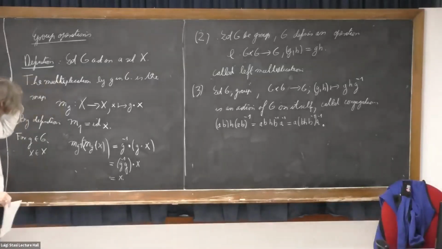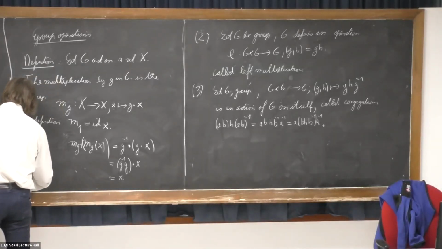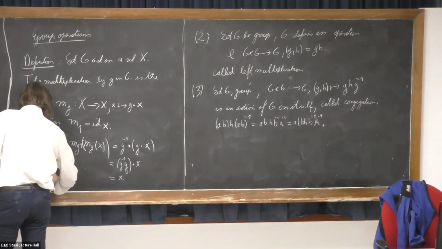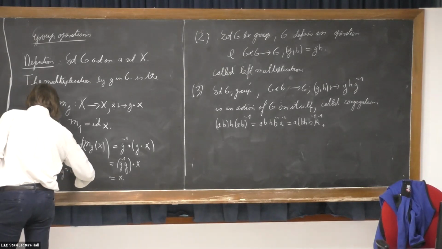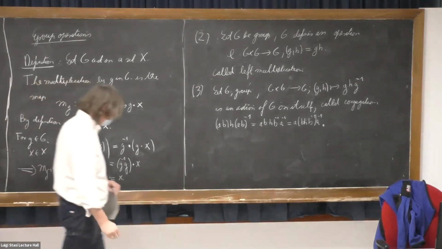So in other words, we find that m_{g^{-1}} composed with m_g is equal to the identity on X. And the same, obviously, the other way around.